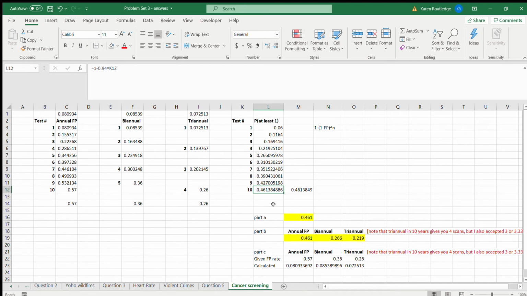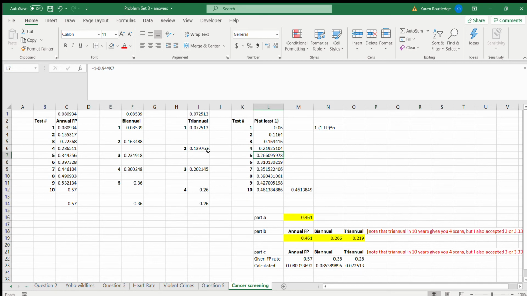For biannual, instead of 10 years, we're going to take our screening every other year, so there are only going to be 5 of those. We use the exact same formula, only instead of raised to the power of 10, it's raised to the power of 5. That reduces our probability to about 0.27.